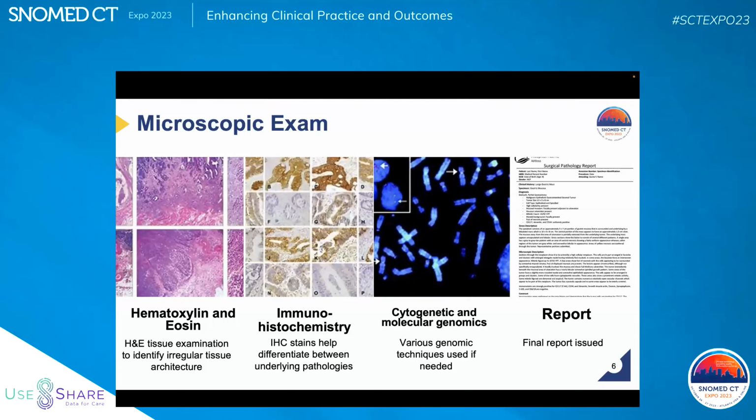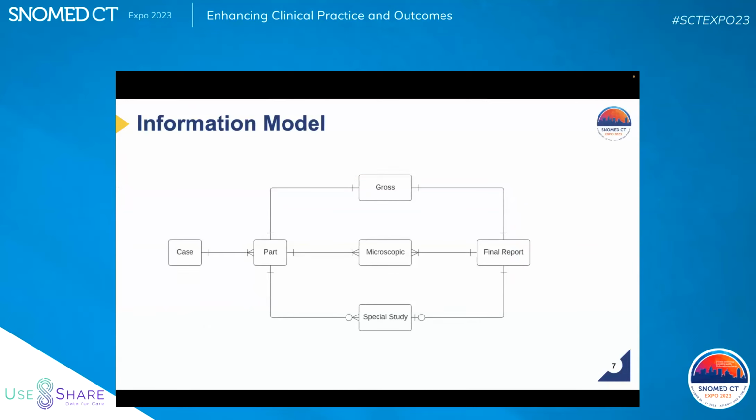It could be fluorescent in situ hybridization, all the way to cytogenetics or even sequencing, right? And then ultimately, the pathologist takes all of this information, assembles it, and renders their final report, okay? There you go. So that's the process of pathology.